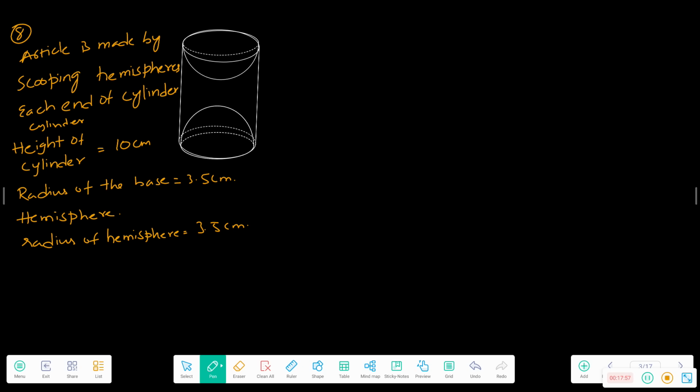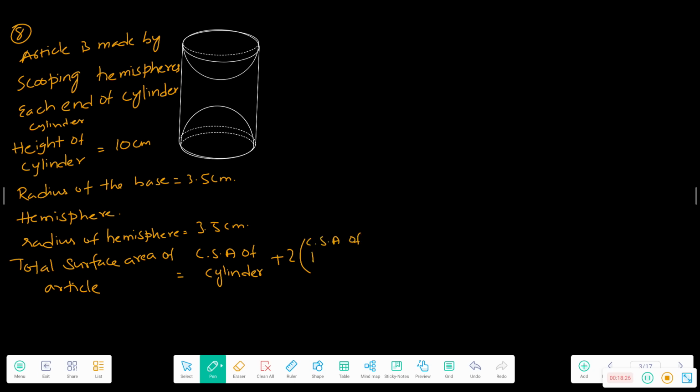He asked to find the total surface area of the article. So the total surface area of the article is nothing but the curved surface area of the cylinder plus 2 times the curved surface area of the hemisphere.